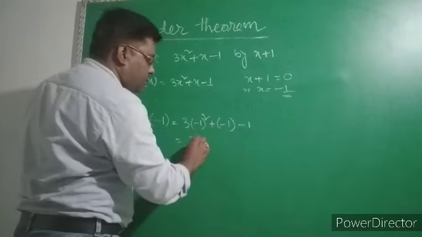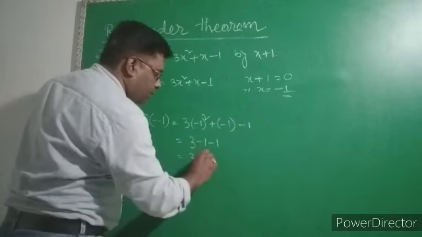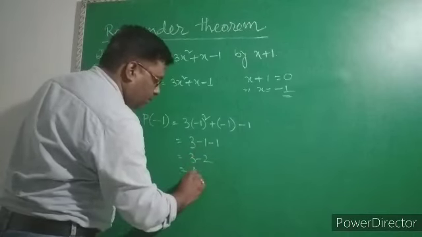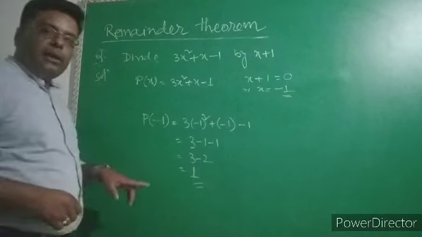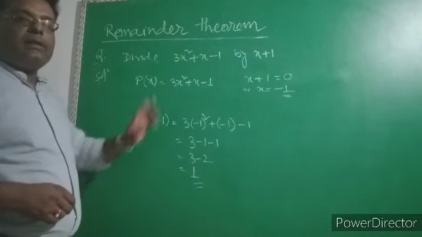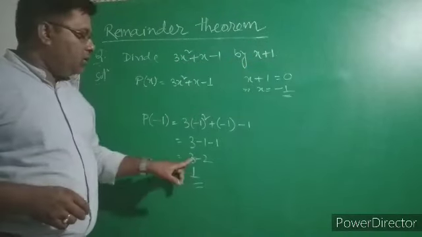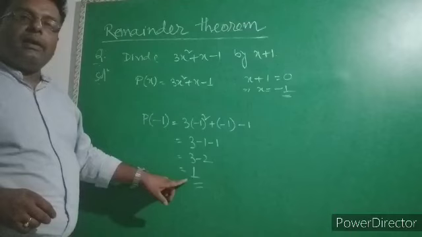Next, plus minus, minus 1 minus 1, that is we get 3 minus 2, which is 1. So this is equal to the remainder of this long division. That is, when we divide this by x plus 1, we get remainder 1.